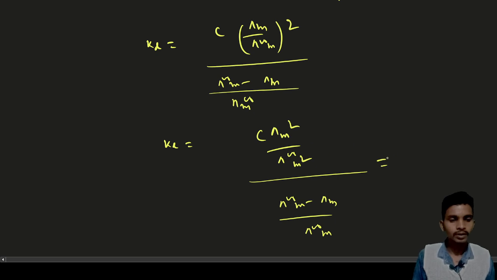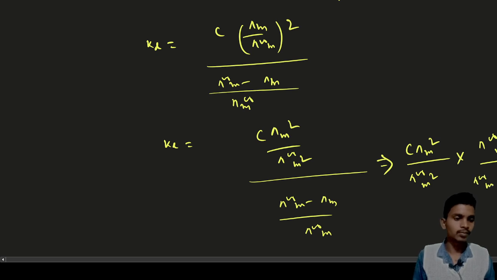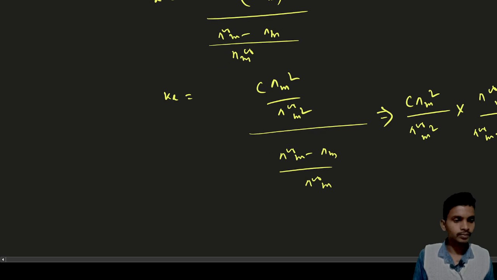So if I do it, then what will come? This will go above, so this will become this value. So we can cancel it.